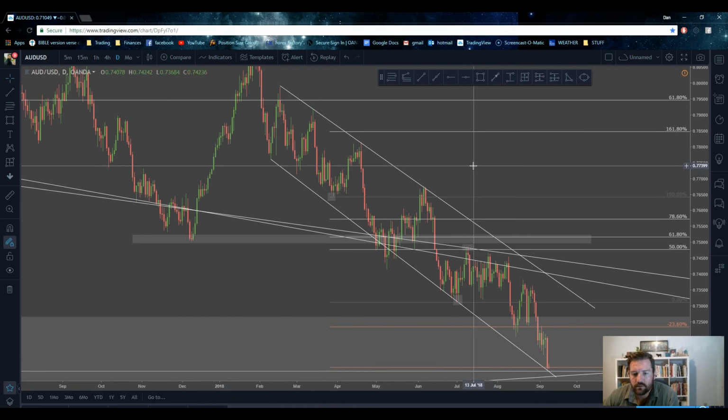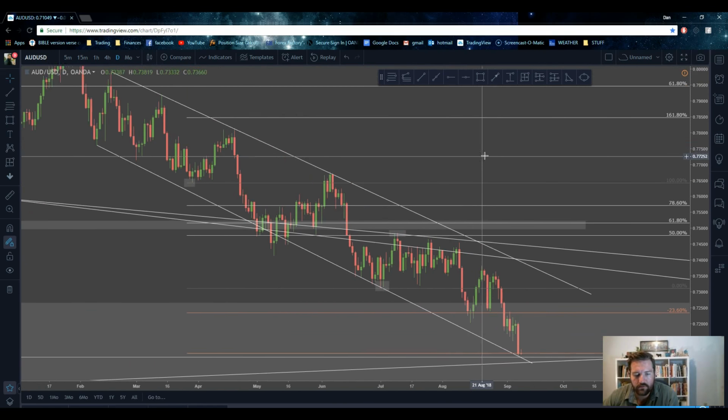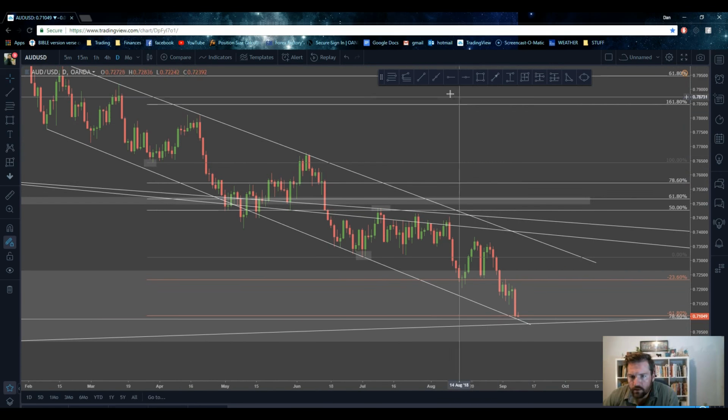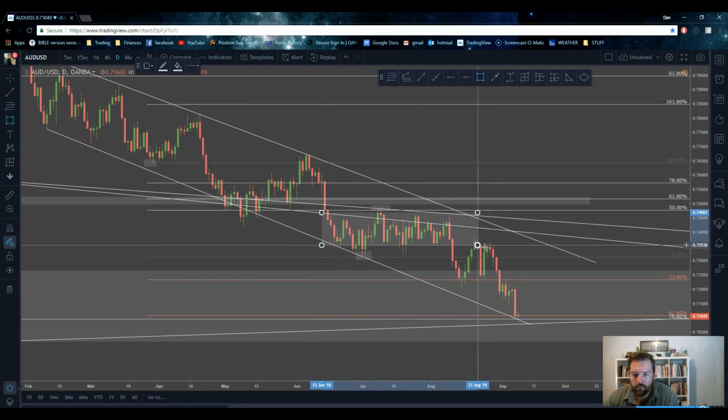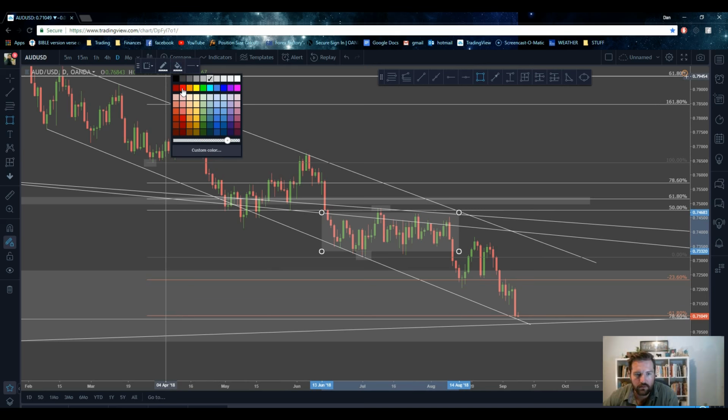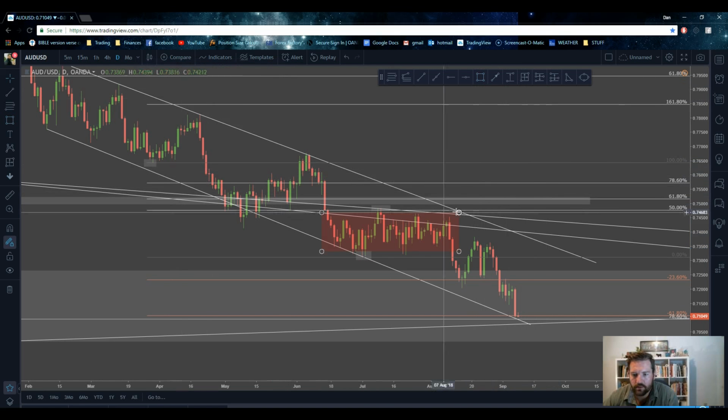Now, let's build some more Fibonacci stuff. Okay, if we are looking at this last move, which broke out of this range structure here, if you want to kind of box this range off, kind of change this color a little bit, we turn it red. Okay, got a range structure here breaking out. That initiation really kind of stepped in here.